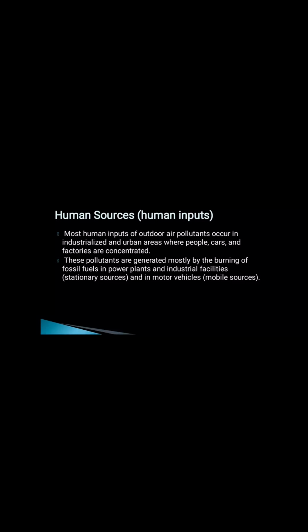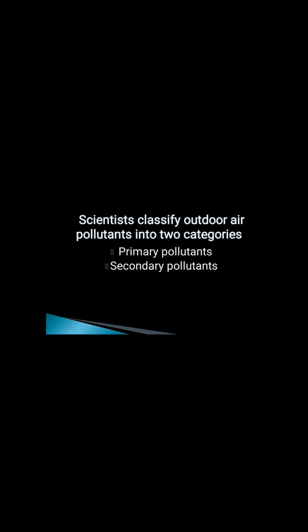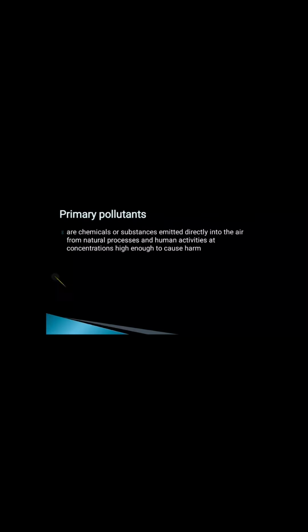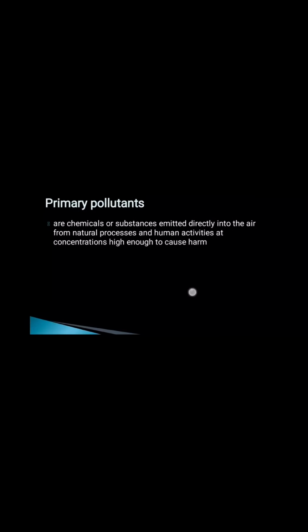So next, scientists classify outdoor air pollutants into two categories, which are primary pollutants and secondary pollutants. Primary pollutants are chemicals or substances emitted directly into the air from natural processes and human activities at concentrations high enough to cause harm.